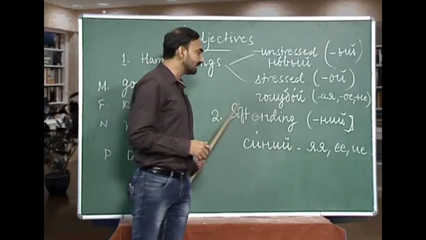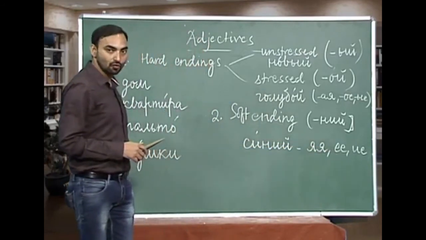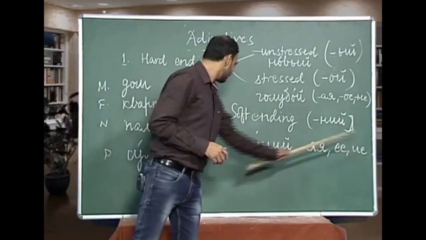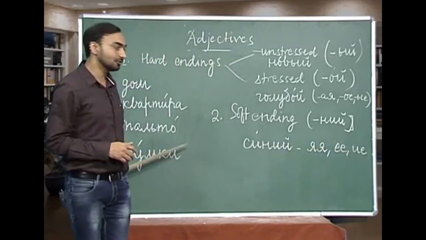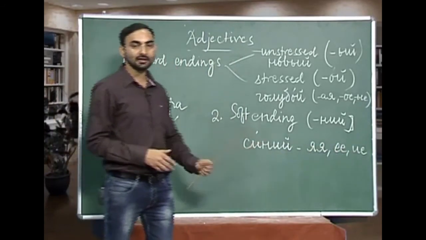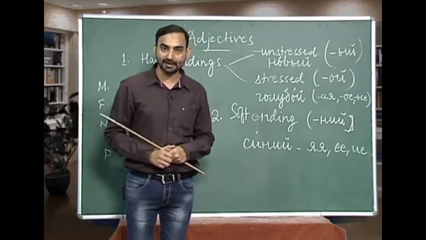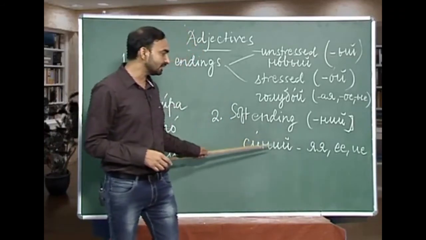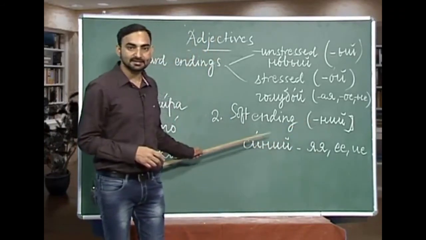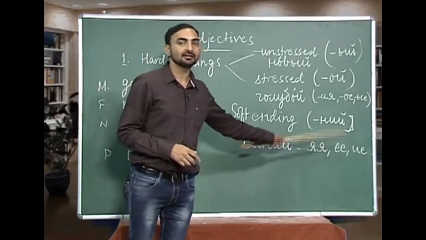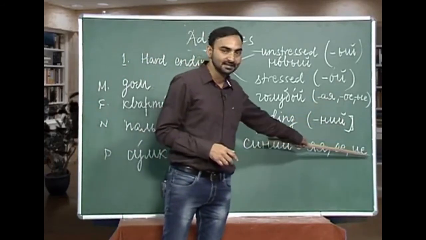Seenaya kvartira, seeniye palto and seeniye sumki. Let us do it again. If the adjective is the soft ending adjective, so how do we change its form? We use seeny, seenaya, seeniye and seeniye.